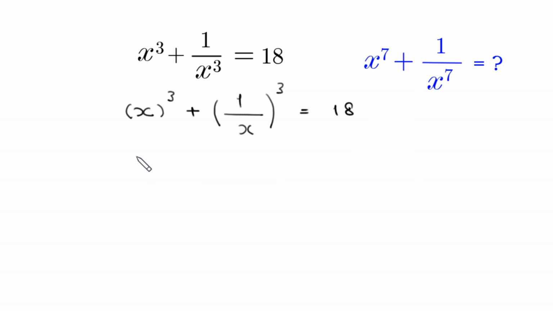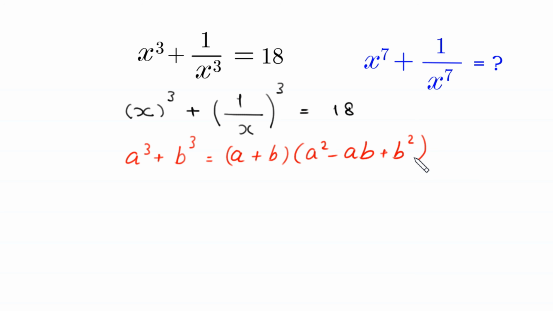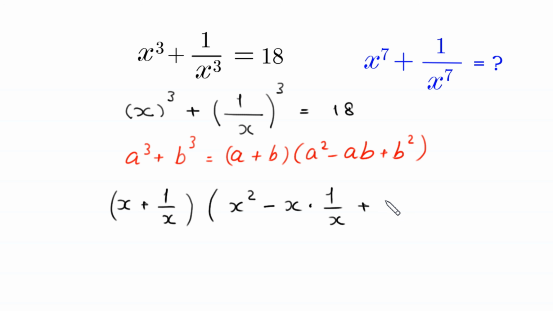Now by using this algebraic identity, a cubed plus b cubed is equal to a plus b times a squared minus ab plus b squared. This expression at the left hand side will become x plus 1 over x times x squared minus x times 1 over x plus 1 over x squared is equal to 18.